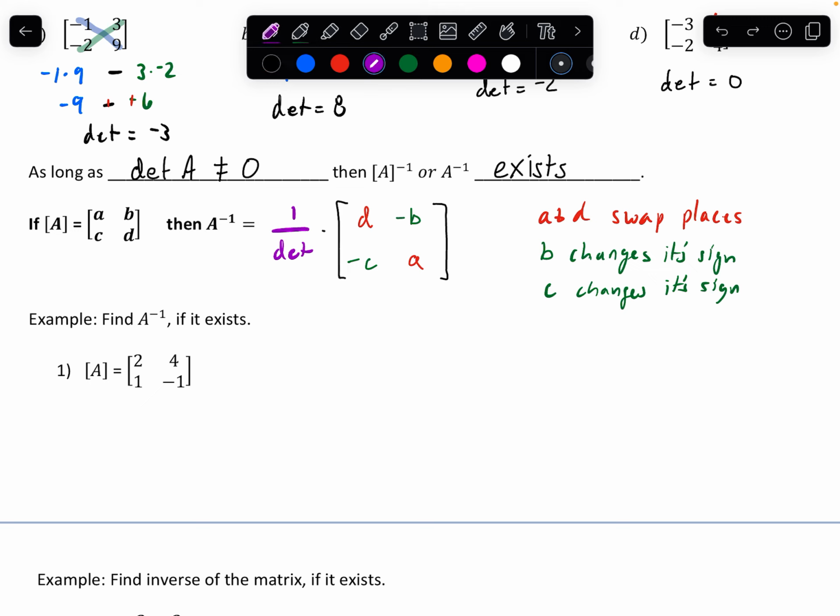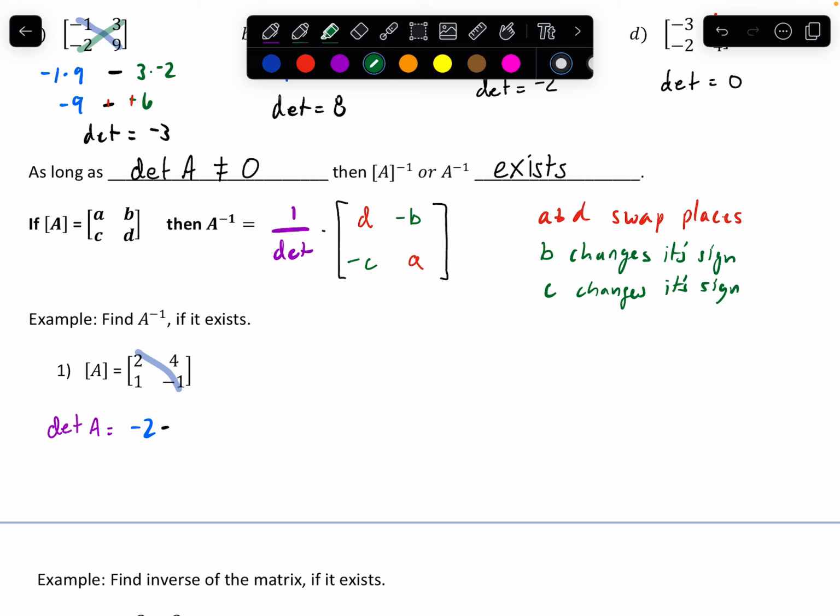So the formula is A times D. A times D, so that's negative 2, and always minus.